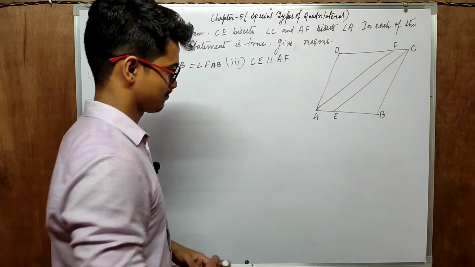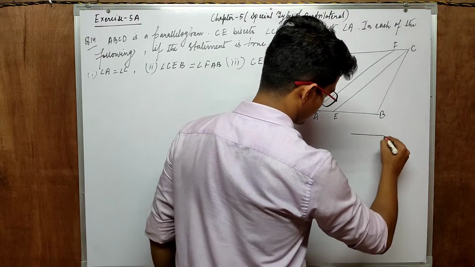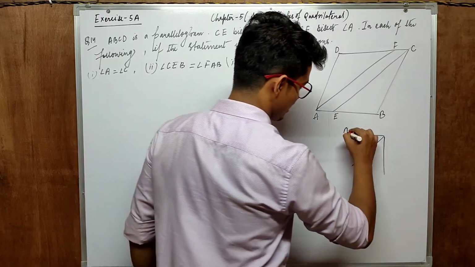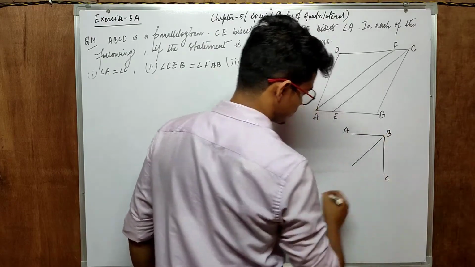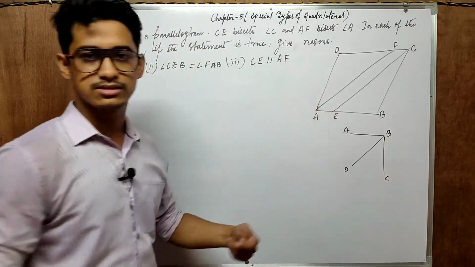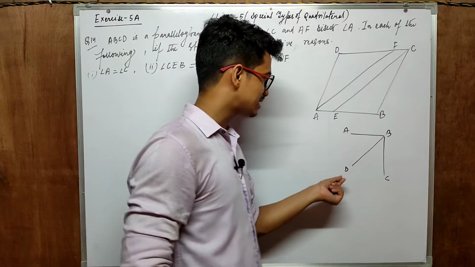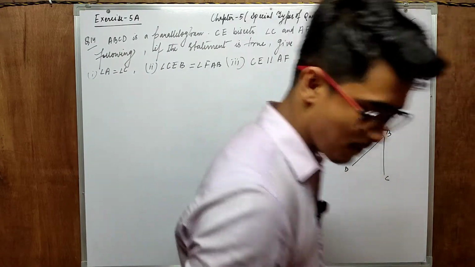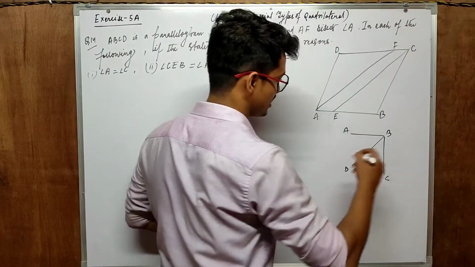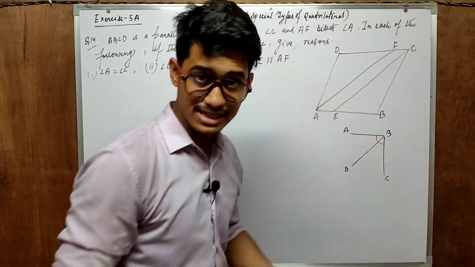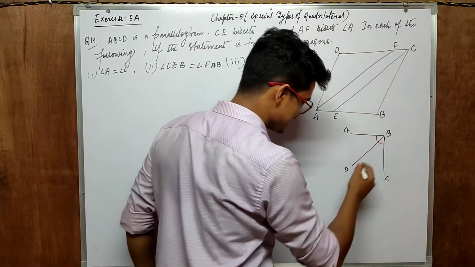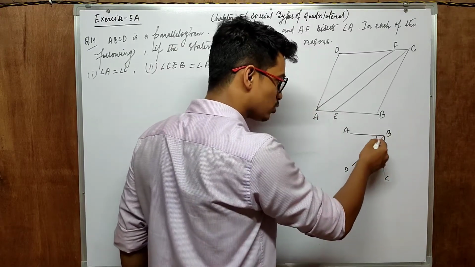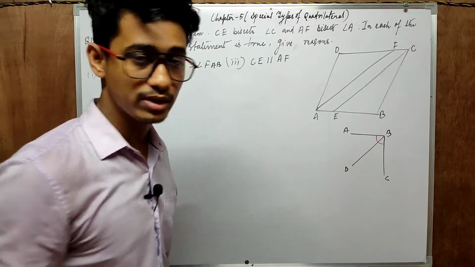What does this mean? If this is the condition, let's say A, B, C, D. If the statement says BD bisects angle B, that means BD creates equal distribution in both the portions.